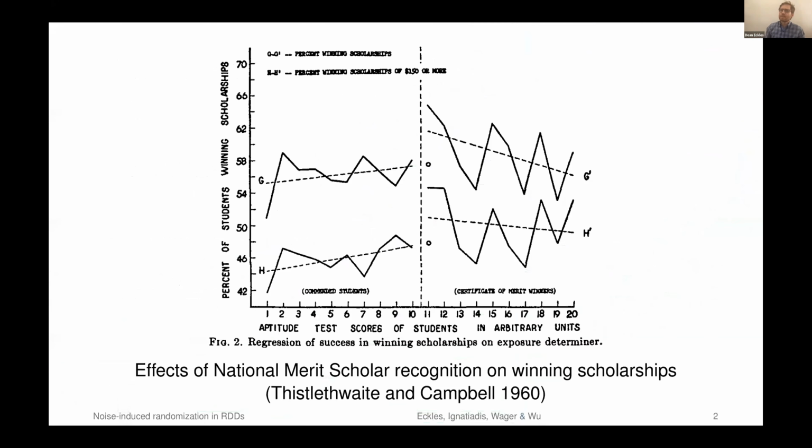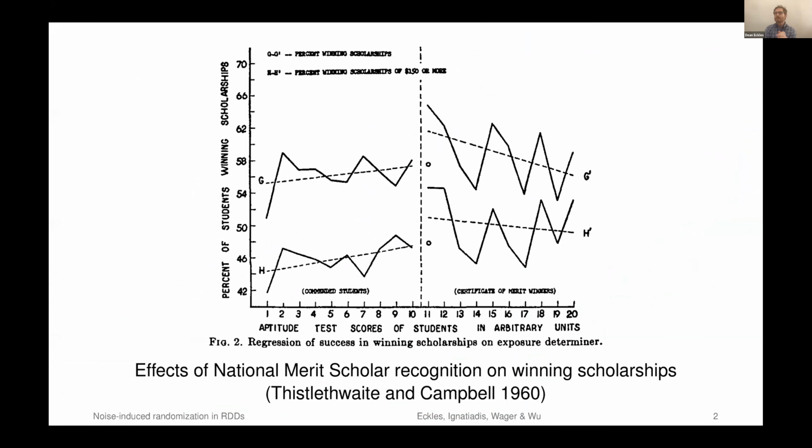So it's really been a pleasure working together on this. The regression discontinuity design was introduced by Thistlethwaite and Campbell in 1960, where they examined the effect of becoming a national merit winner on various downstream educational outcomes. Here, we're looking at a plot of the aptitude test that's used to qualify for being a national merit winner.